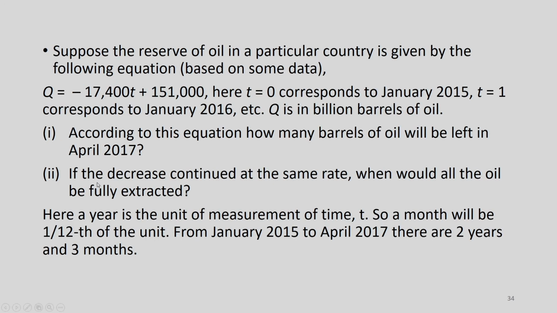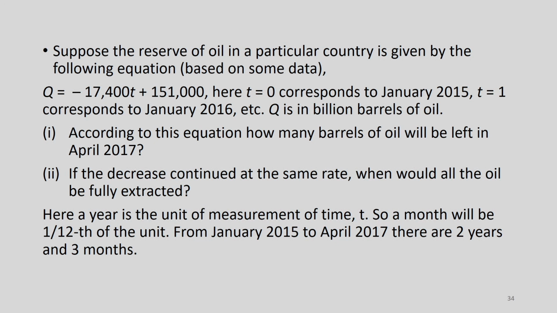Here is another example. Suppose the reserve of oil in a particular country is given by the following equation based on some data. So, Q is the reserve of oil in a particular country, it is given by minus 17,400 T plus 151,000.